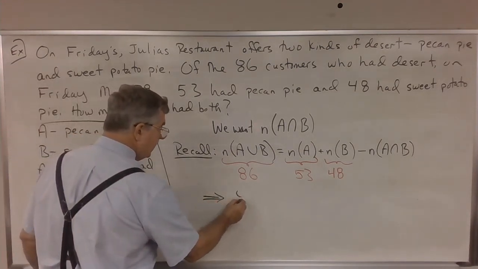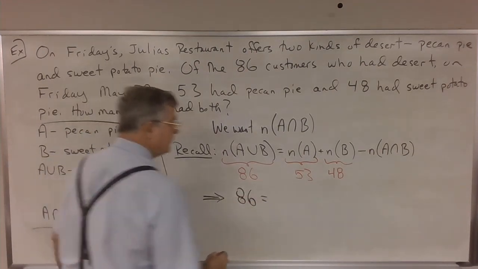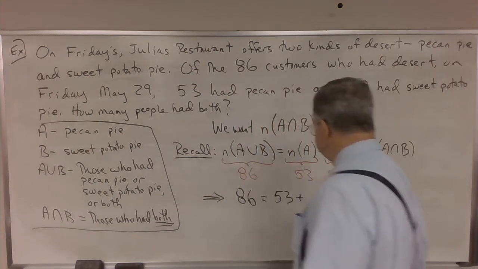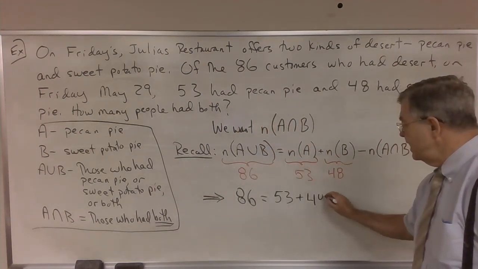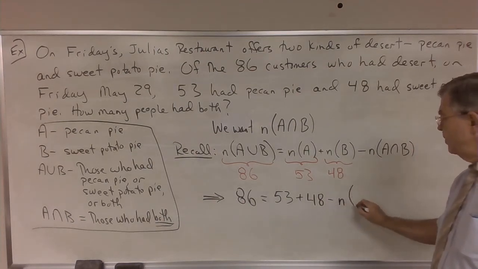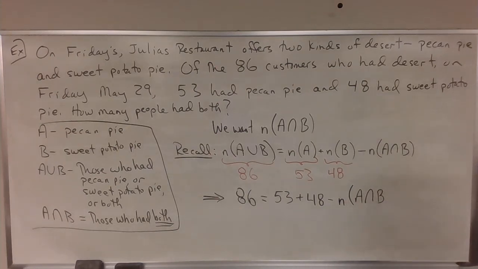Here's what we have. 86 equals 53 plus 48 minus the thing that we want, A intersect B. I'm going to get this by itself.